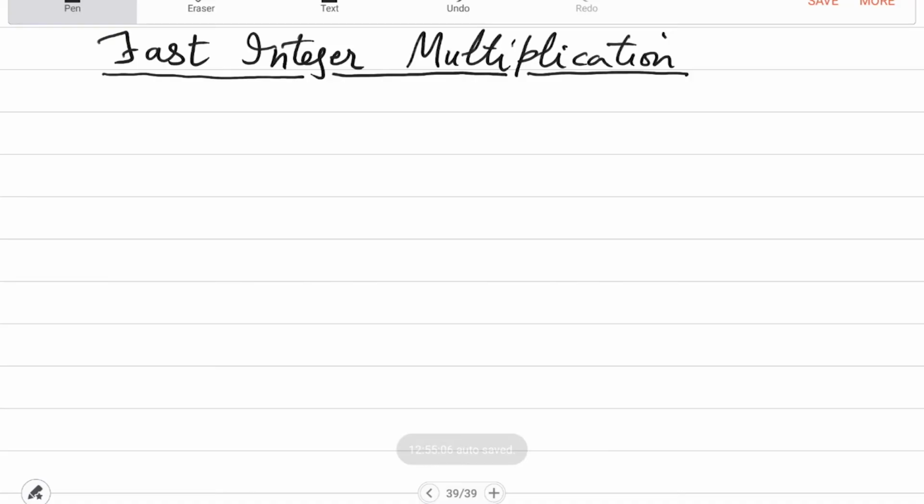So you will have now two polynomials of low degree. You will multiply the polynomials using Schönhage-Strassen, and then from that you will deduce the integer. This is basically what we will try to implement.